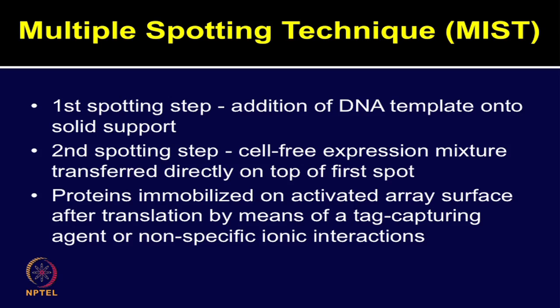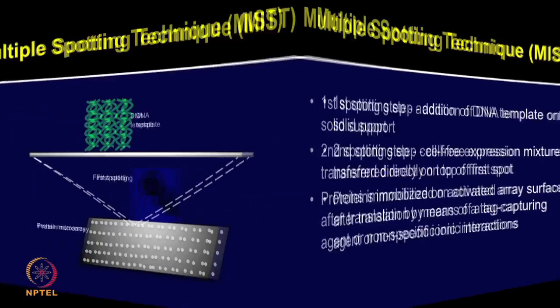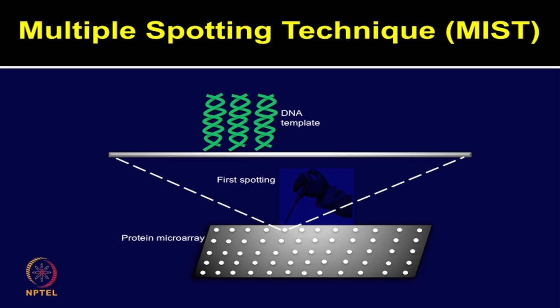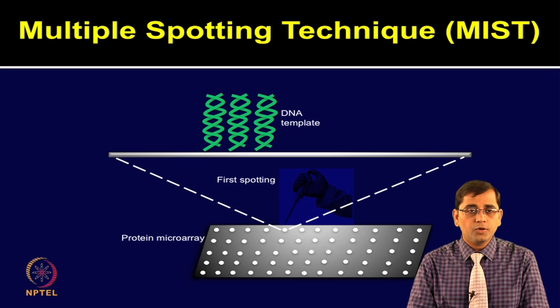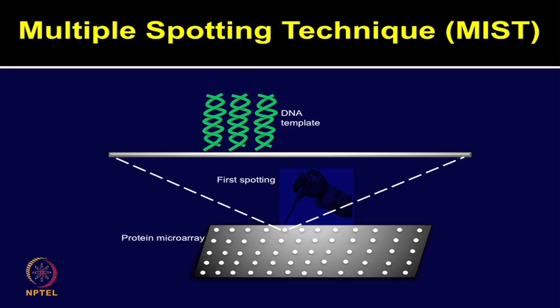or non-specific ion interaction. In the multiple spotting technique or MIST, the first spotting step, as shown in the slide, involves addition of DNA template onto the microarray support. After the first spotting is performed, the cell-free expression mixture is directly transferred on top of the first spot.